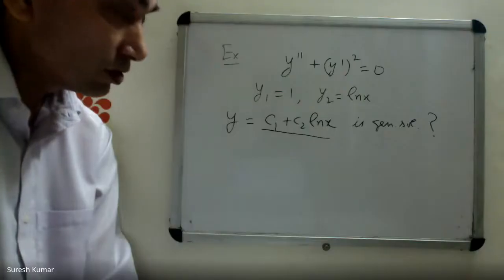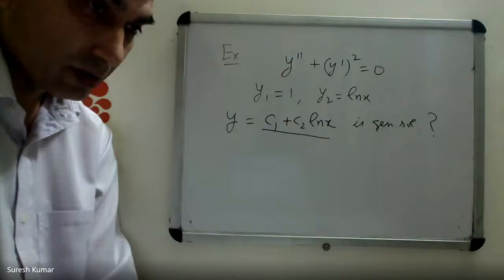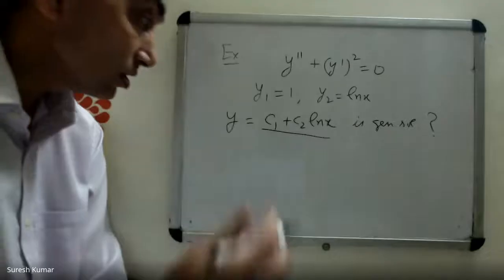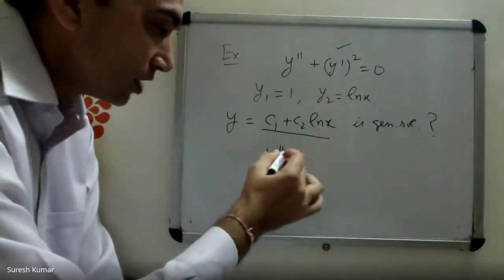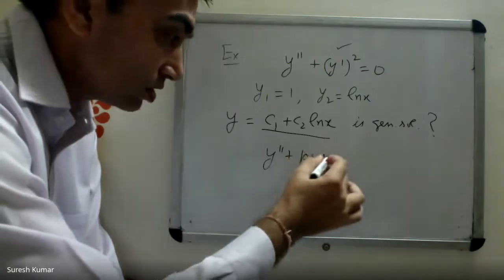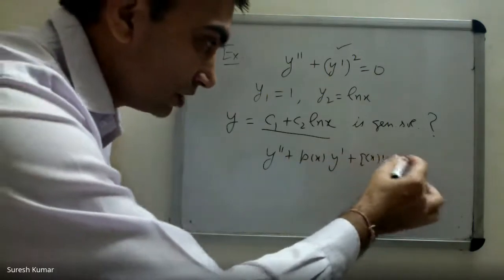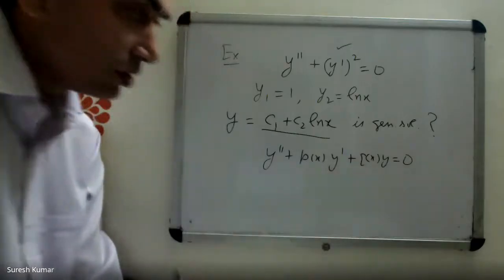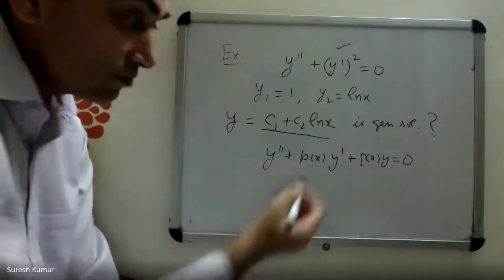So it's a second order differential equation. Second order is okay, no problem in second order. But sir, it is not linear. Yes, it is a non-linear differential equation. The linearity principle that you are using is for homogeneous linear differential equations.